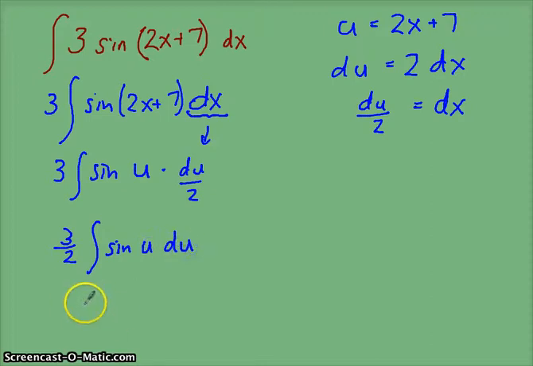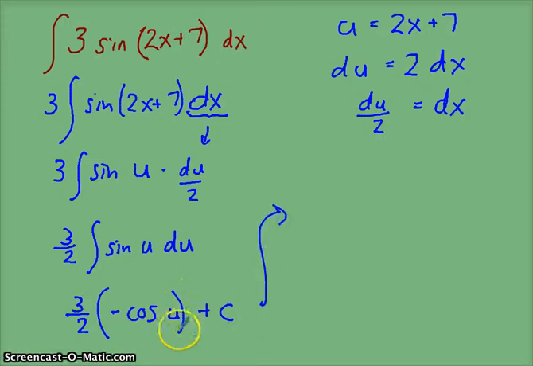All right, and now this is all right. To integrate sine of u, that's negative cosine of u plus c. And don't forget to put back your u. Right?